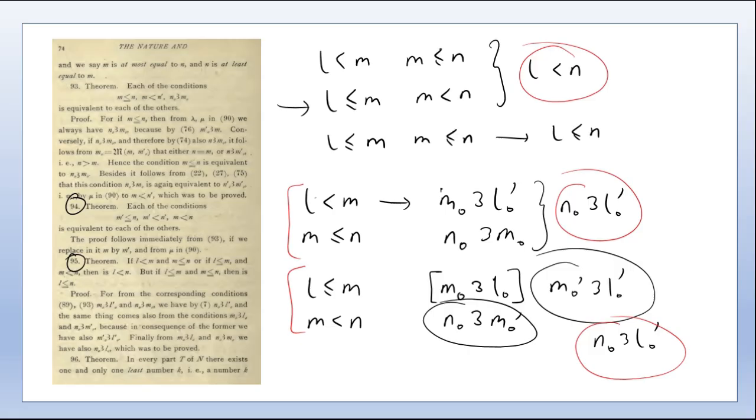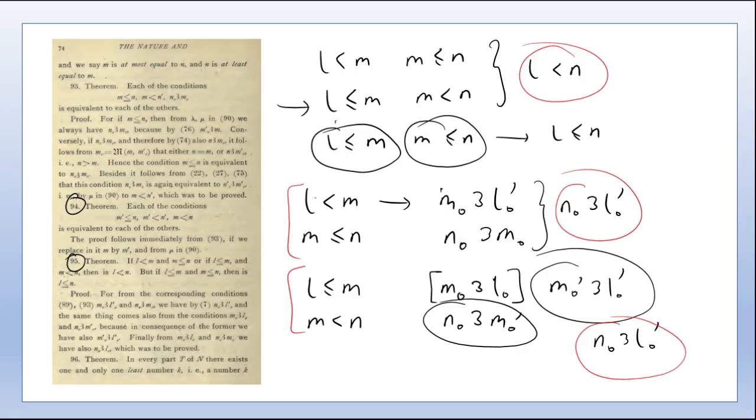And then finally, from M naught is a part of L naught and N naught is a part of. Right, okay, so that's straight from theorem 7. So using theorem 93 for each of these, and then theorem 7, we get the result.